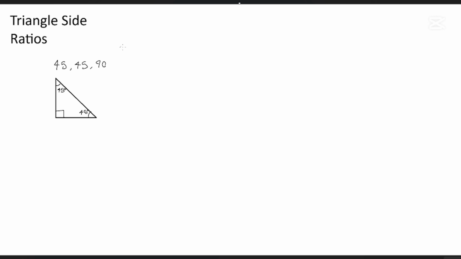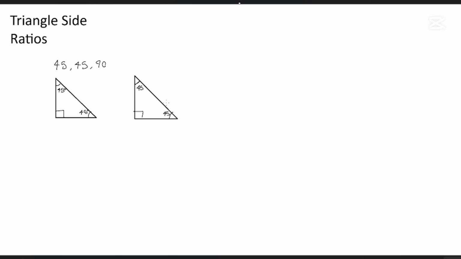I'm going to go over the side ratios here, and then I'm going to go over why it's that. So let's get a brand new 45, 45, 90 triangle here. So we know that this angle and this angle are the same. That's 45.